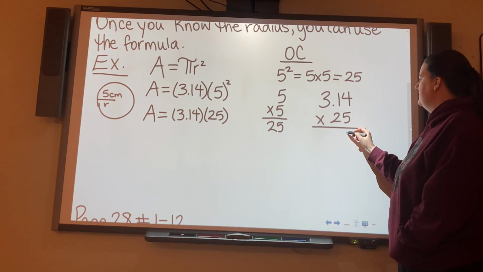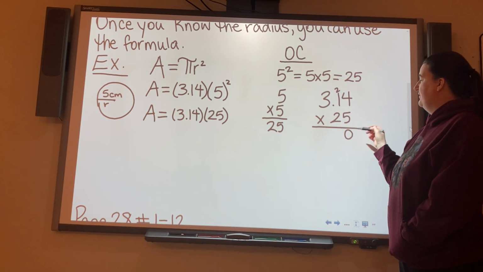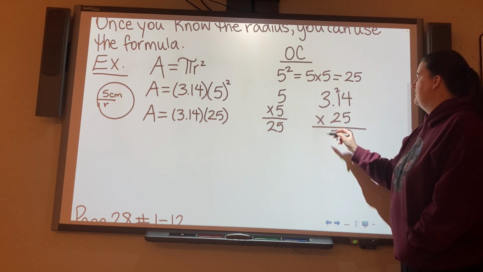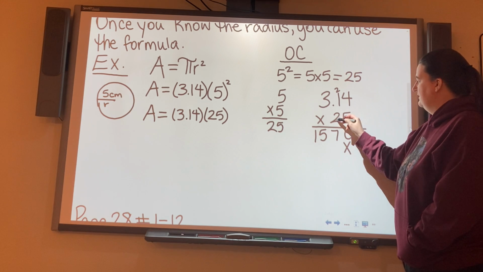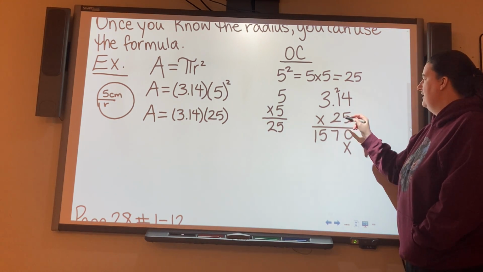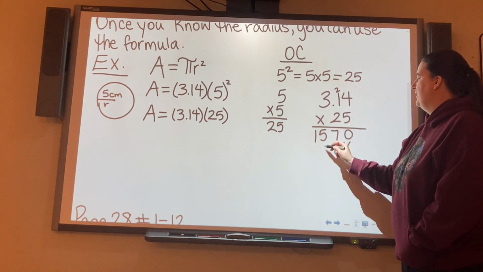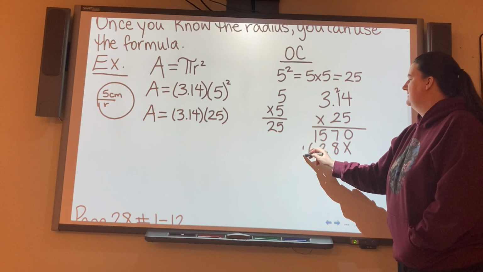So 3.14 times 25. 5 times 4 is 20, carry your 2. 5 times 1 is 5, plus the 2 that you carried is 7. 5 times 3 is 15. Put your x, move to the 2. 2 times 4 is 8. 2 times 1 is 2, and 2 times 3 is 6.